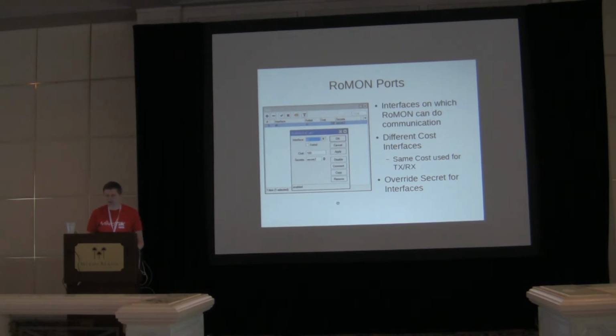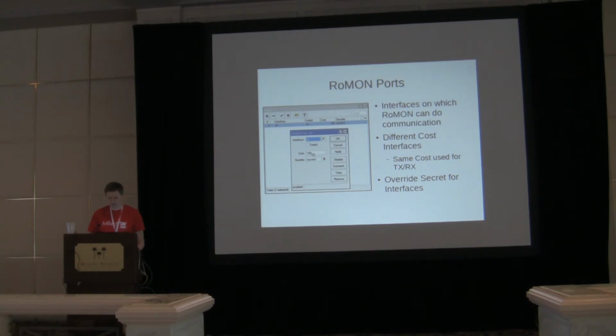After we have enabled RoMON on the router, we need to add the ports. It is done in the RoMON ports menu, and there we can add a new entry for each interface, or add an entry for all the interfaces.